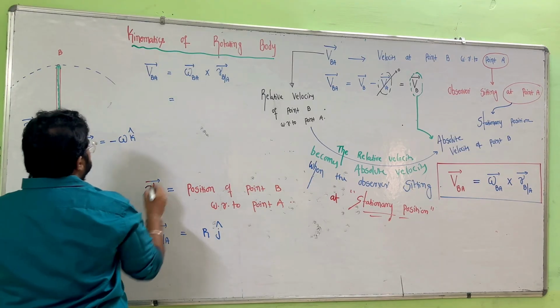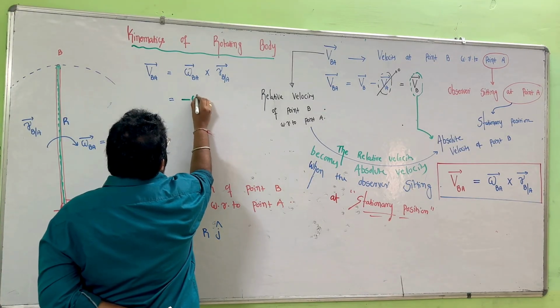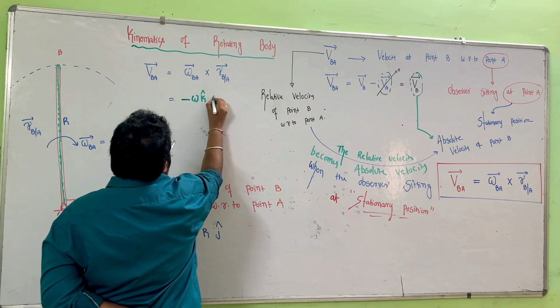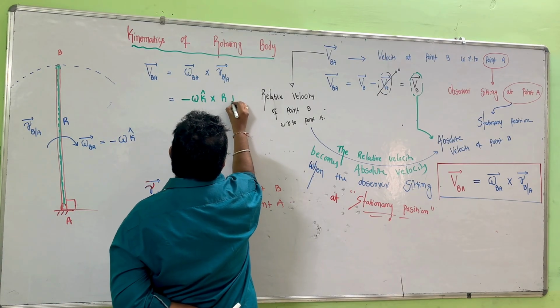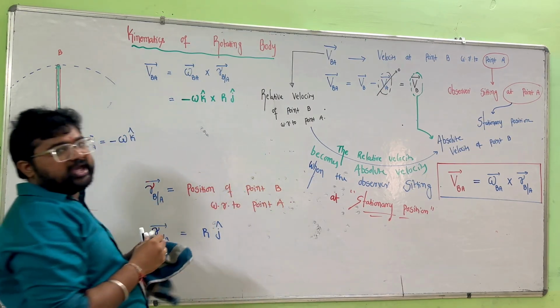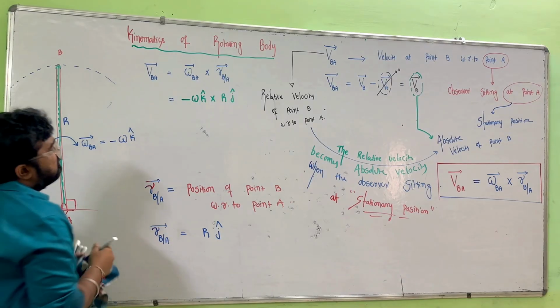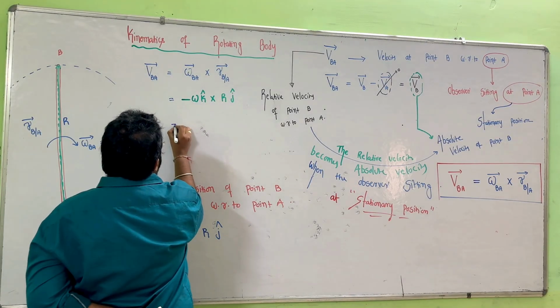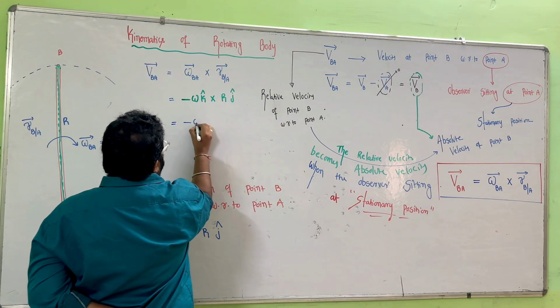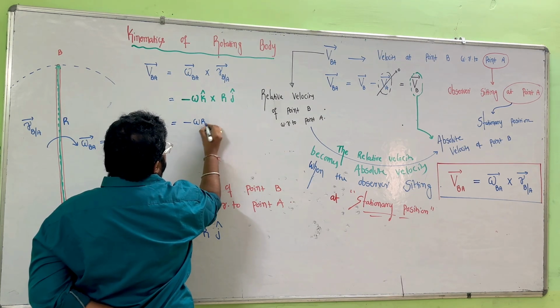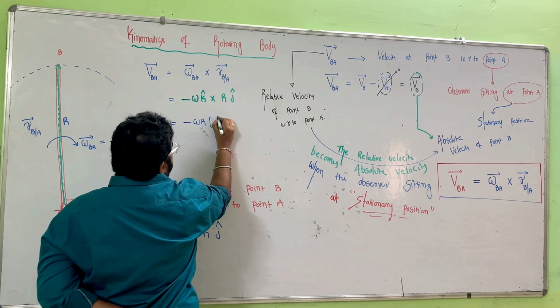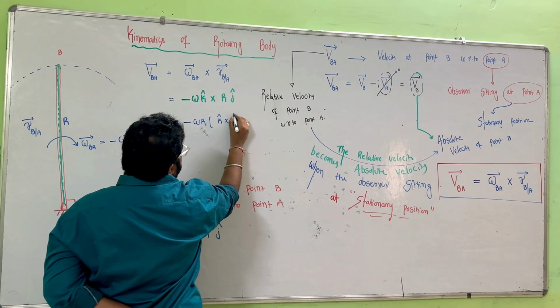Minus omega k cap crossed with R j cap. This is minus omega R, k cap cross j cap.